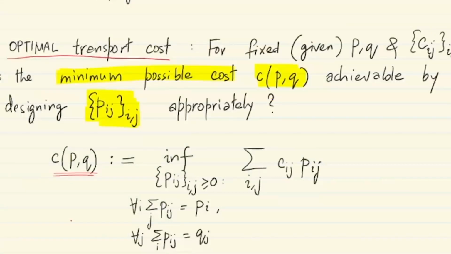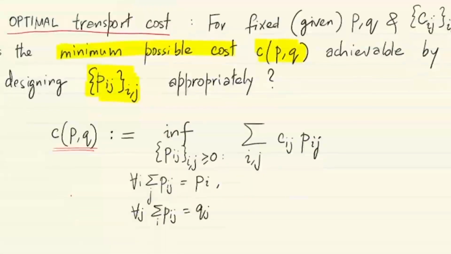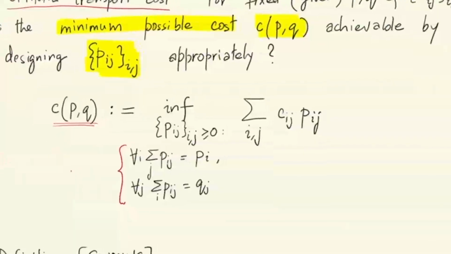while satisfying two types of constraints, which are essentially constraints about the marginals. You can imagine Pij as a distribution on edges ij. So Pij is a probability in some sense for every edge ij, and the row sums and column sums for Pij essentially are marginal conditions.